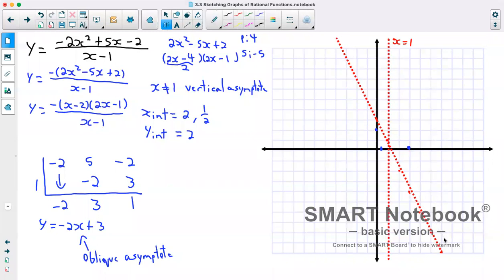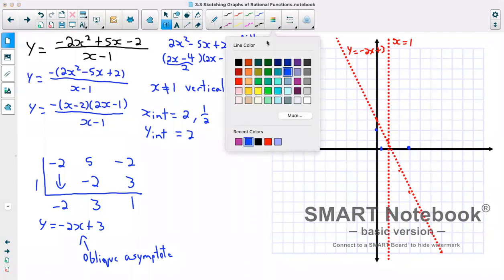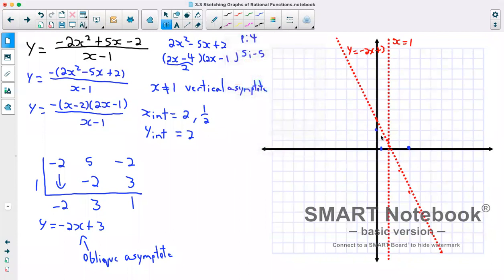So that's our y is equal to -2x plus 3. Now, we most likely have enough points to graph the rest of this right now, because we have 2 points on this side, so we know that this is going to be coming along like this, go through these points, and then go on here. And we know it's going to essentially mirror that on the other side.